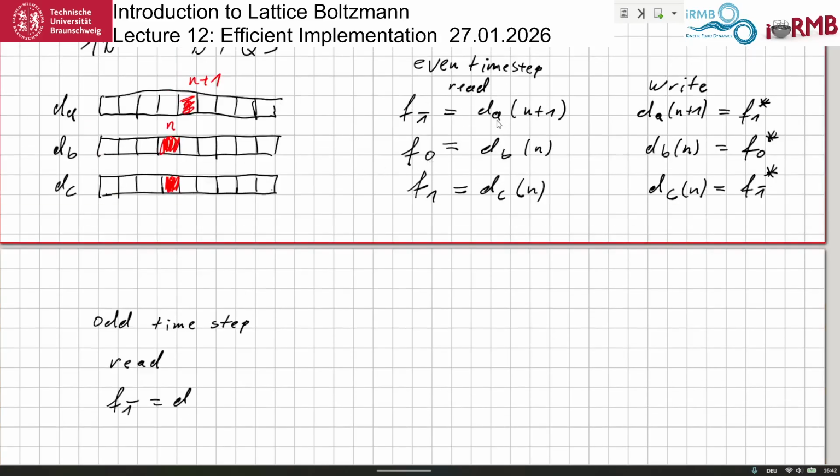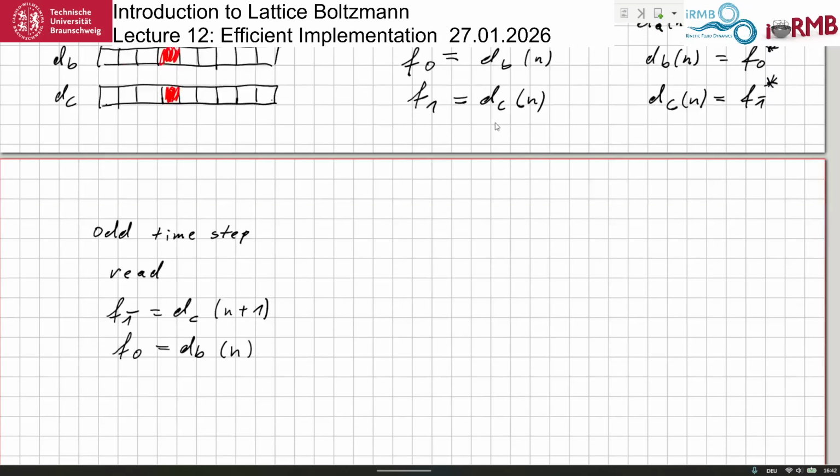Before we read it from DA, but we put this in C. So we put it in DC, n plus 1. Yeah, you see still the same, there's the same pattern. Yeah, we read f minus 1 to the right. Yeah, and we put f0 again from dB, n, and f1 is equal dA, n.